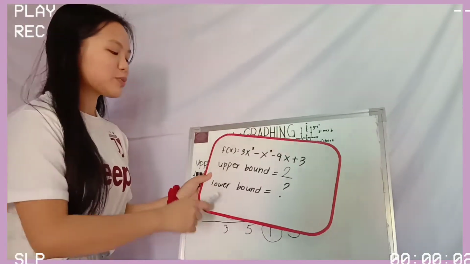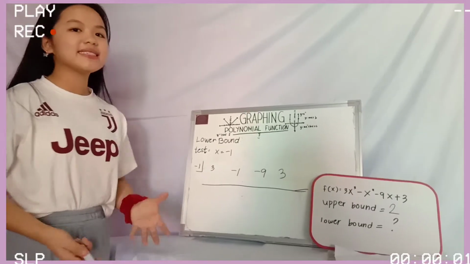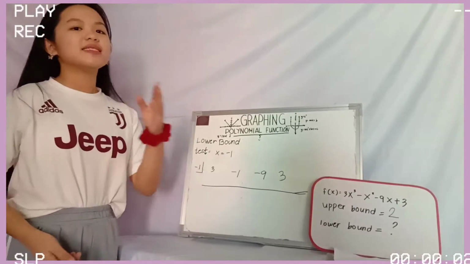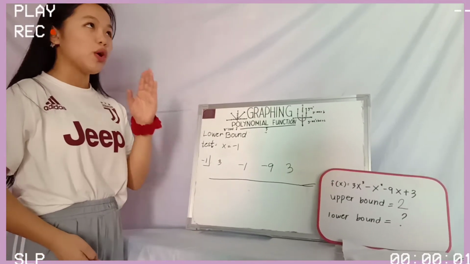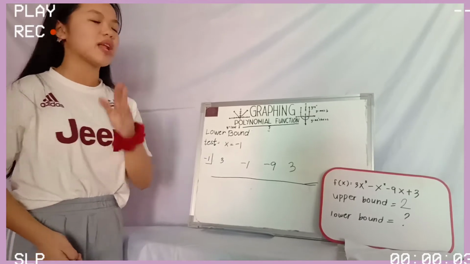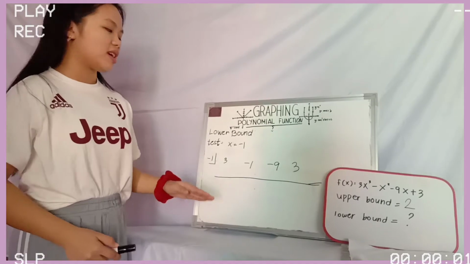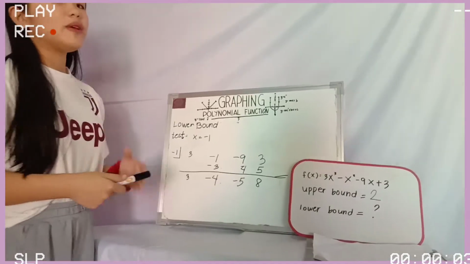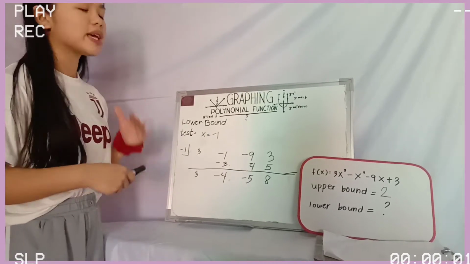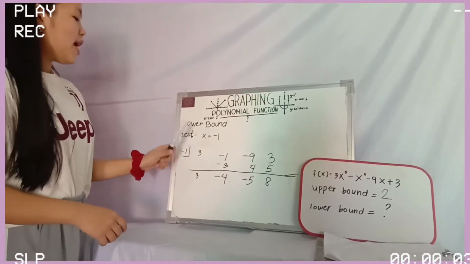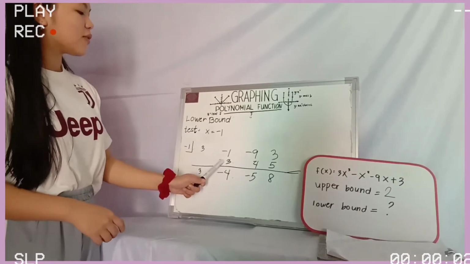After that, let's proceed to the lower bound. Next, let's find the lower bound. Since the rule of the lower bound is x less than 0, we need to use negative numbers: negative 1, negative 2, and the answer should be alternating. So let's test x equals negative 1. We still need to use synthetic division. Bring down 3. 3 times negative 1 equals negative 3.